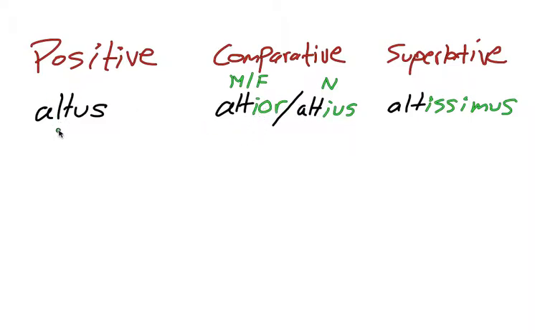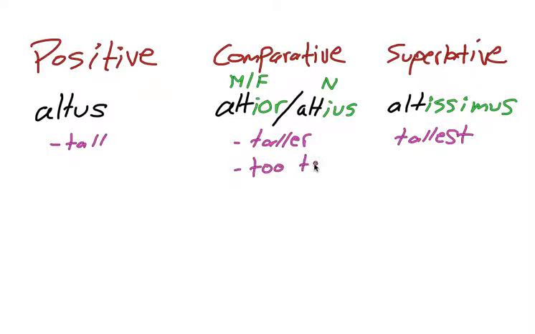Okay, so if we're translating these forms, altus would be tall, altior or altius would be taller, and altissimus would be tallest. Okay, they do have other translations, so the comparative could be also too tall.